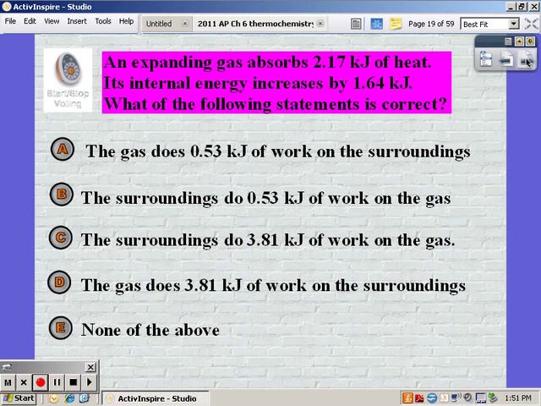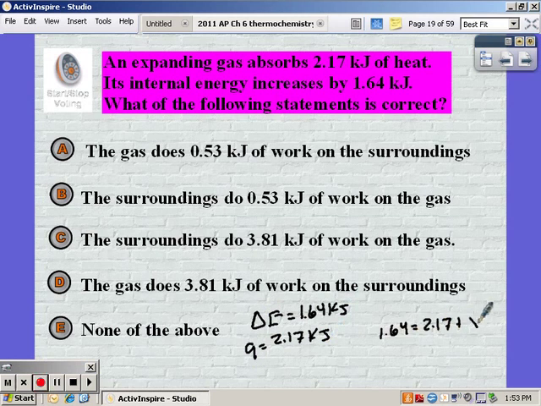This problem was slightly different because they gave you heat and delta E, and we're looking for our work. Delta E was 1.64 kilojoules. Our Q, it absorbs 2.17 kilojoules, so that's positive, and we're looking for work. Plug it into our equation, and solving for x, you get x to be negative 0.53.